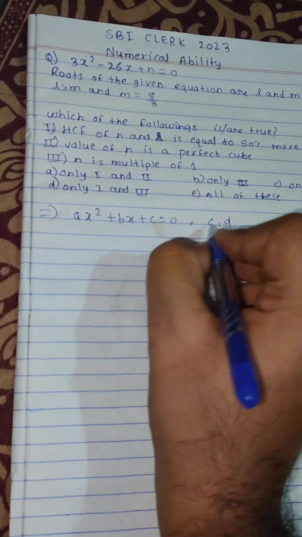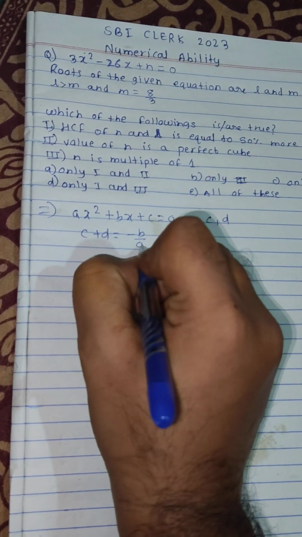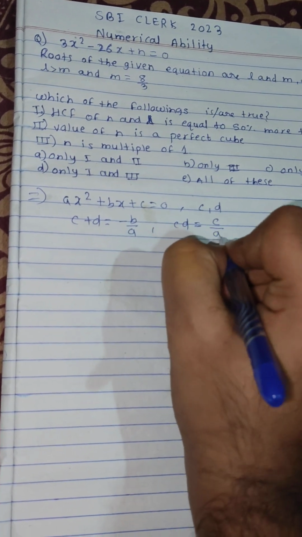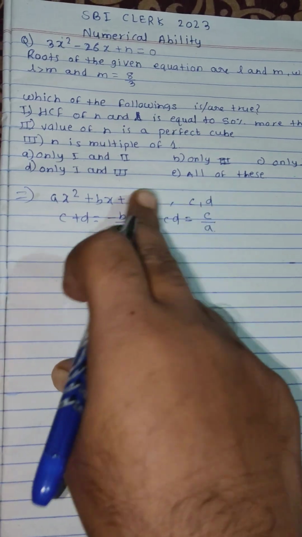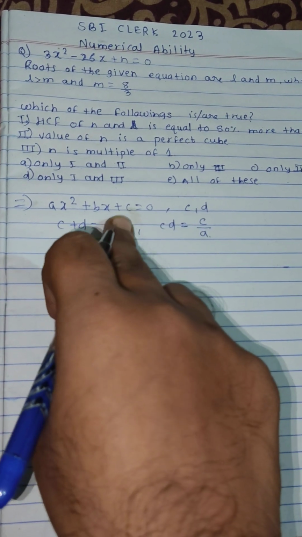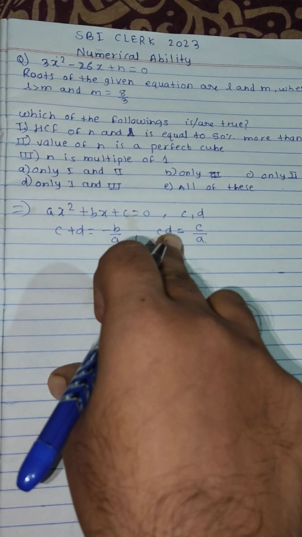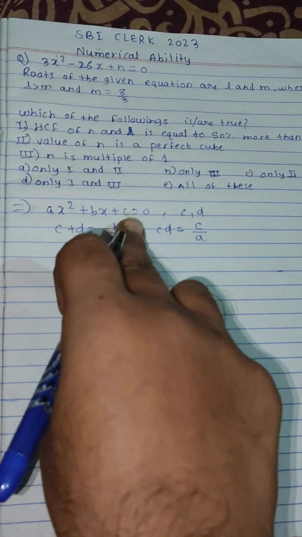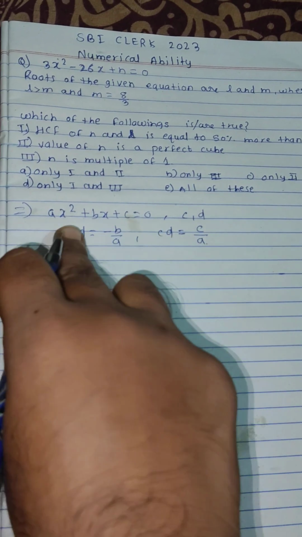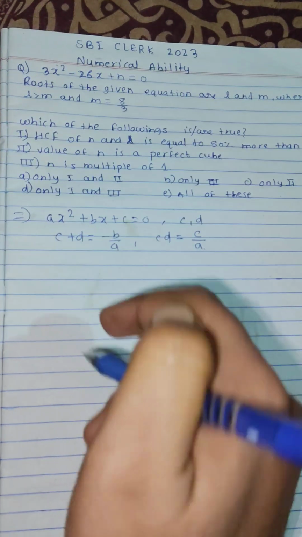The sum of the roots of a quadratic equation will be minus b by a, and their product will be c by a. Here b is the coefficient of x, a is the coefficient of x square, and c is the constant.